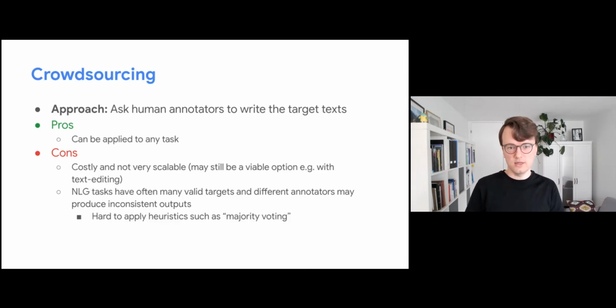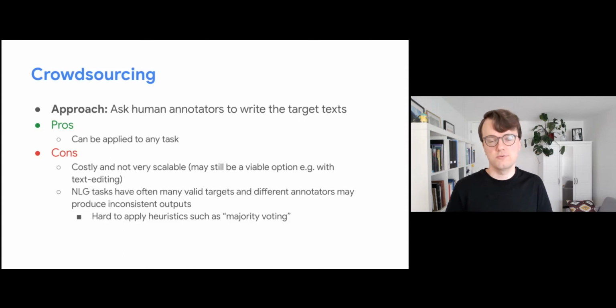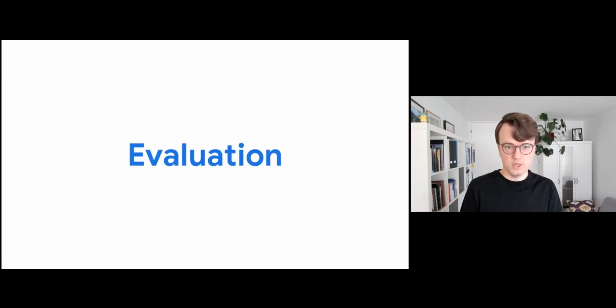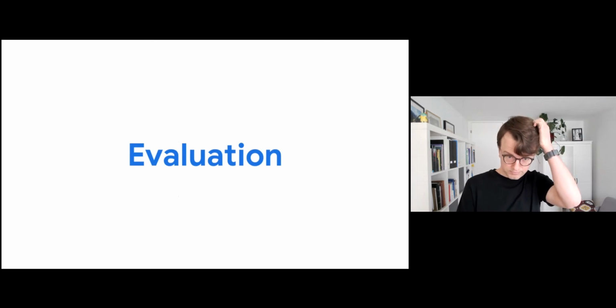What you would normally do if you're doing crowdsourcing for something like a classification task is take some kind of majority vote over the rater outputs. But here, obviously, it's harder to do. How do you average the outputs when they're all sequences? Yeah, in any case, this is definitely something to consider if you have resources.